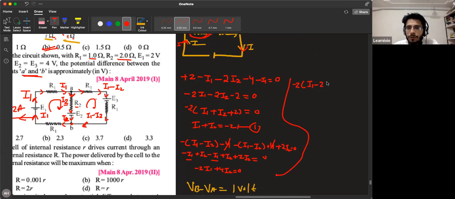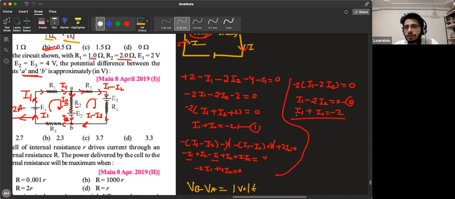You have I1 minus 2I2 is equal to 0. That is the second equation. And you have I1 plus I2 is equal to minus 1. So when you subtract these equations, I1 will cancel out, minus 3I2 is equal to minus 1. So you get I2 is 1 by 3.